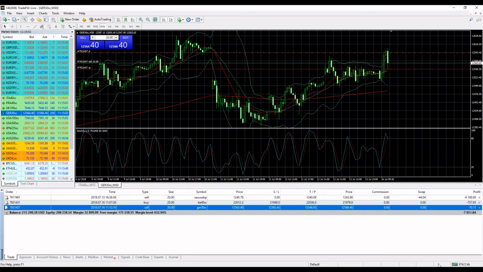So guys, as you know, on Friday and on Thursday we traded quite a lot during the opening of the US market, and on Friday we had the earning releases of JP Morgan.